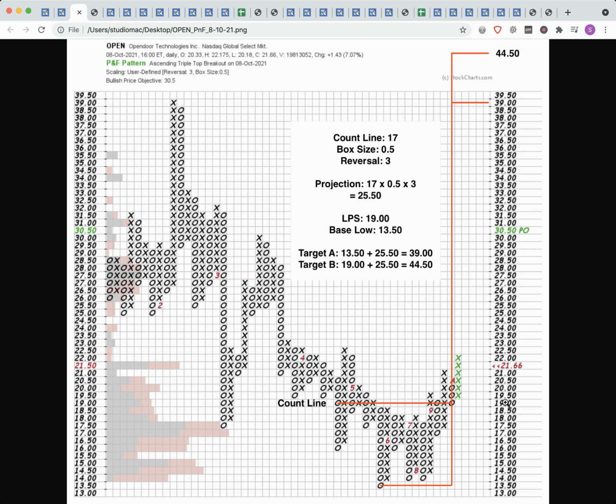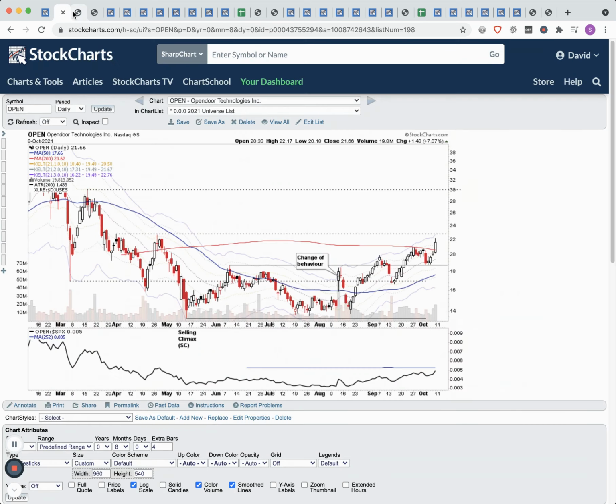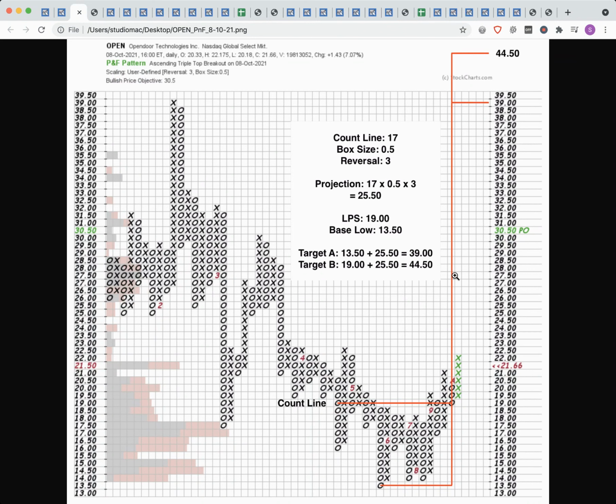So your LPS at 19 and your base low at 13.5. So it projects up to 39 and 44.5, which is around 80%, I believe, off the top of my head. Maths might not be brilliant there, but it's a decent sized cause. So there's plenty of room for that to run from the current level if it does move out from the base.